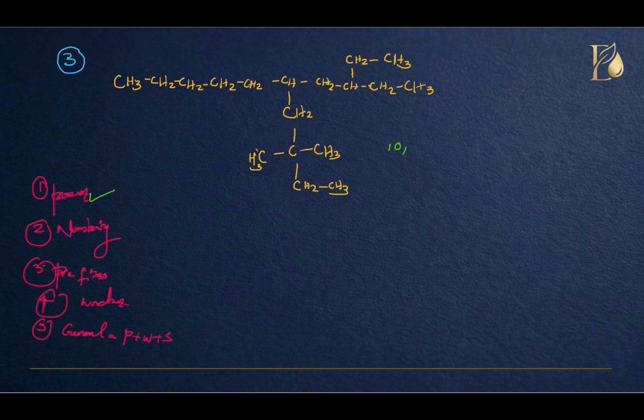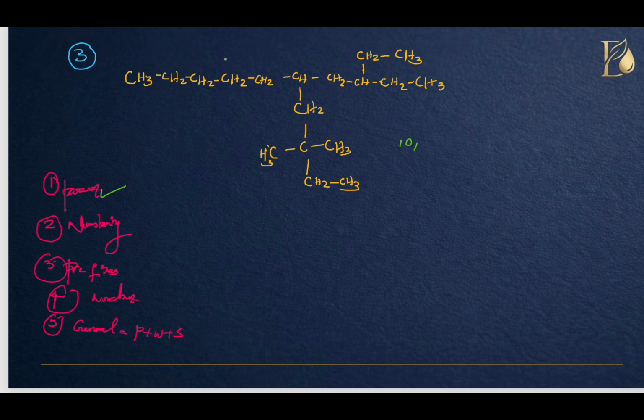If you are choosing this way, there is one substituent at this position and one substituent at this position. But if you choose this way, how many substituents will be there? 1, 2, 3 substituents.